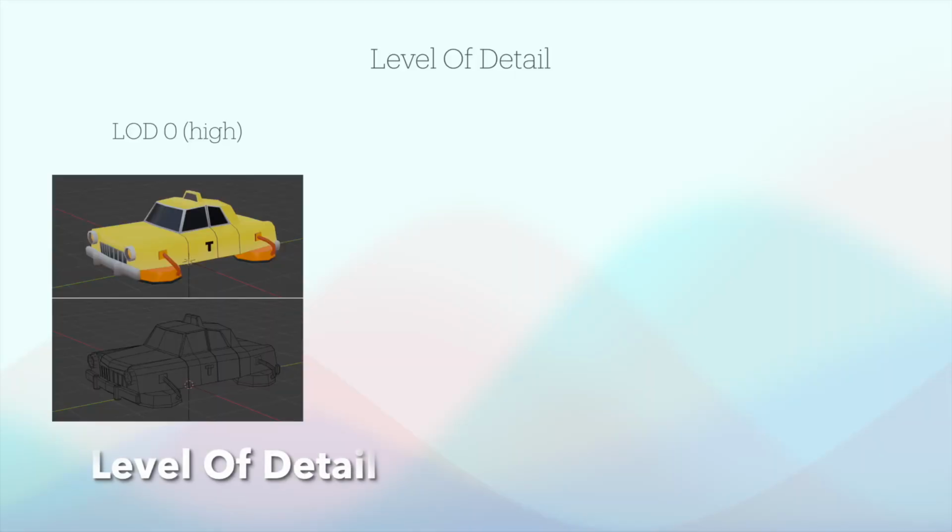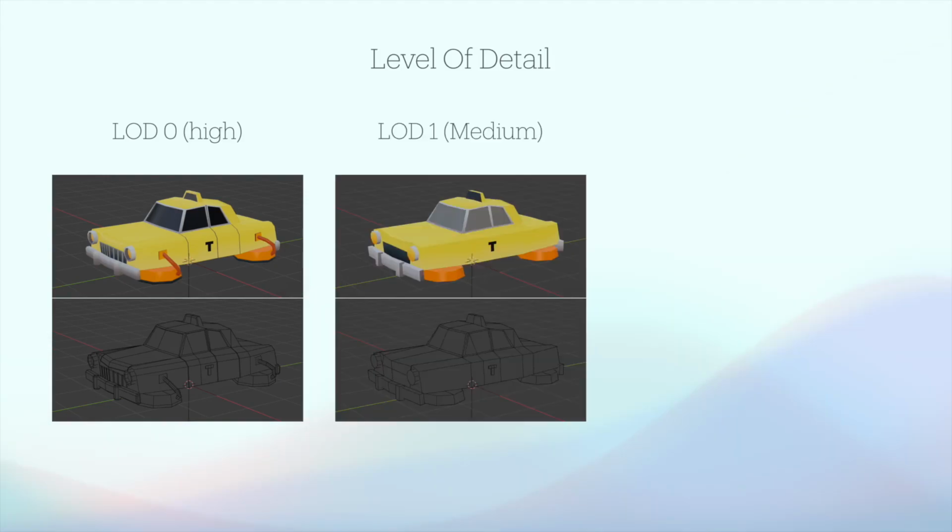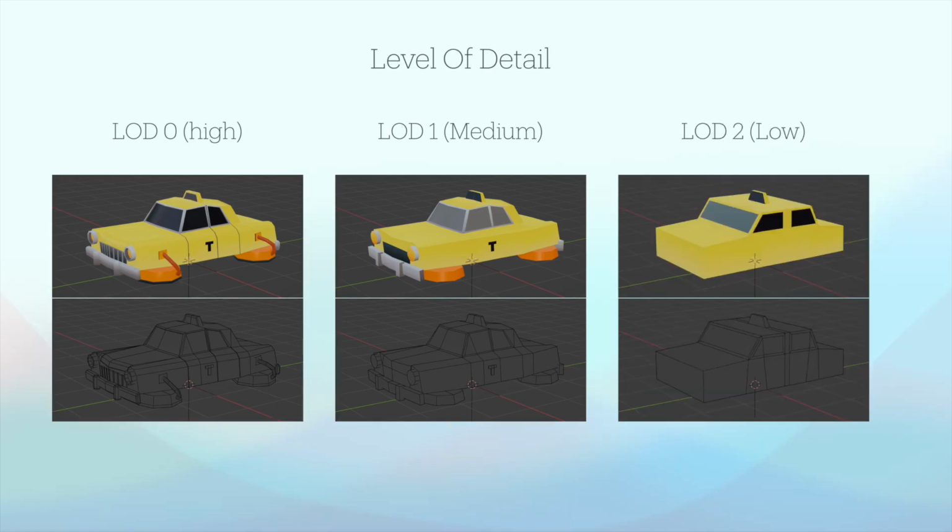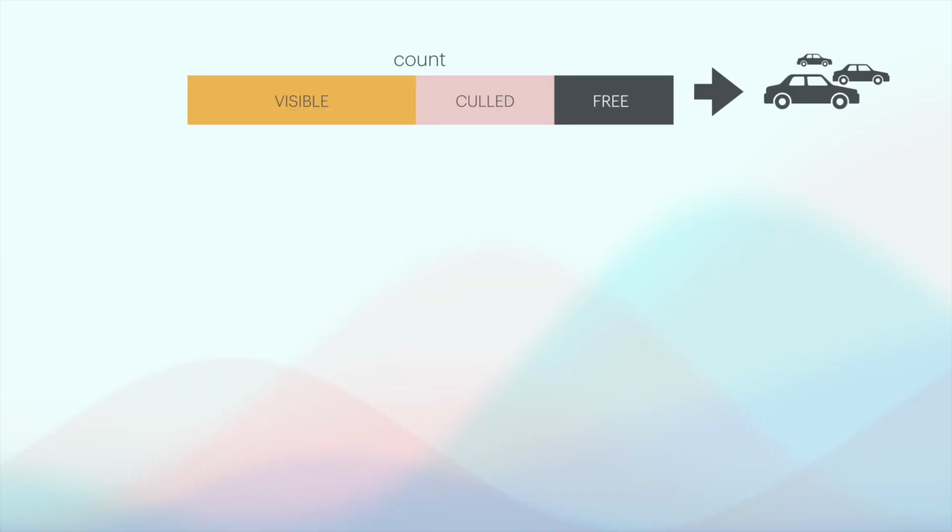The next issue I had with InstancedMeshes was that they do not support level of detail. This is a common scene optimization technique where distant objects are drawn using a less complex mesh in order to reduce the polygon and vertex numbers. All the meshes in an instanced mesh are drawn at the same complexity, which can also have an impact on performance.